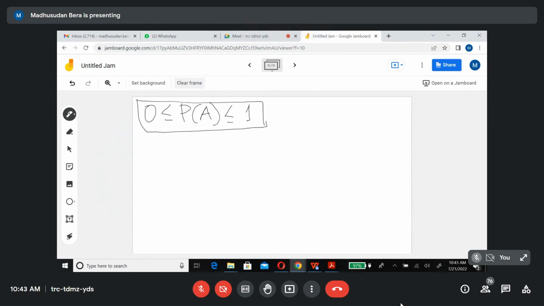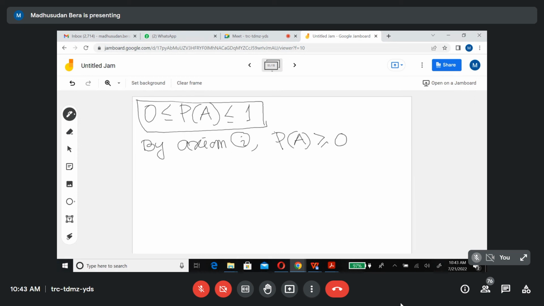The first part is obvious, because by axiom 1, for any event, P of A is greater than or equal to 0. So the first part is done.